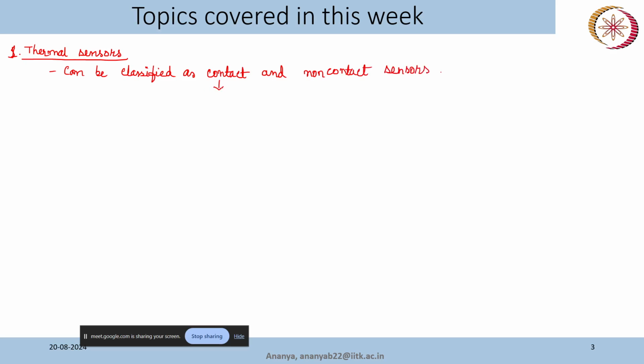In contact sensors, the sensing element can be a material like metal, it can be a thin film of semiconductor, anything. The sensing element is in contact with the environment.